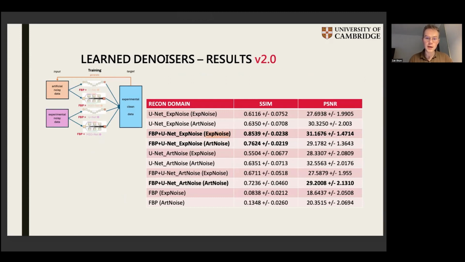And the basic conclusion that I want you to take out of this table is that whenever you train on experimental noise, you do well on experimental noise. Whenever you train on experimental noise, you do well on artificial noise. However, when you train on artificial noise, you do not do well on experimental noise. And that is the worrying sign.